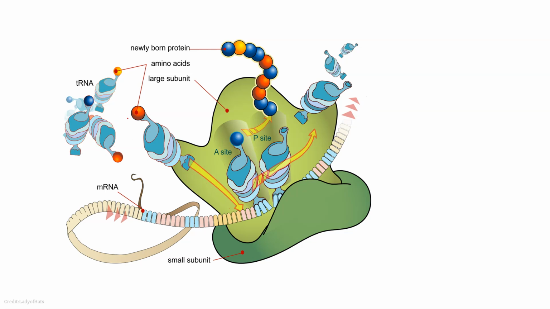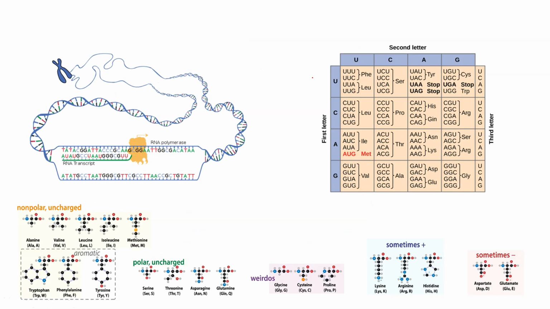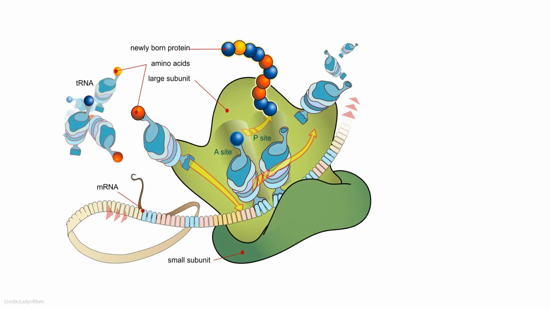Now, tRNA is the reason why the genetic code exists. tRNA is the reason why each codon on an mRNA leads to the addition of a particular amino acid, because on a tRNA molecule, there's this thing that's called an anticodon.